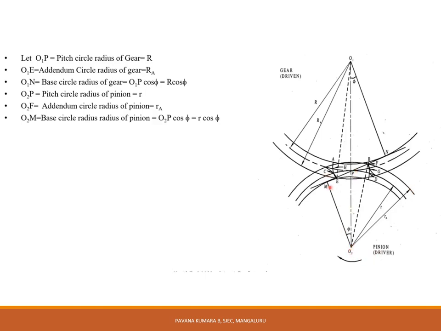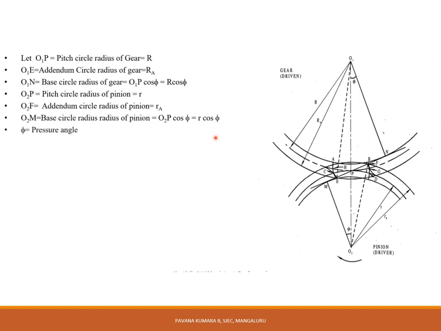Consider triangle O2PM. So this is phi, and cos phi is equal to adjacent O2P divided by hypotenuse O2M. So from that expression O2M can be written as O2P cos phi. And O2P is nothing but R cos phi.